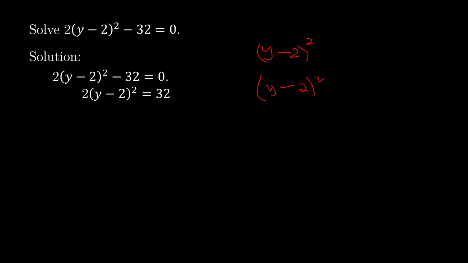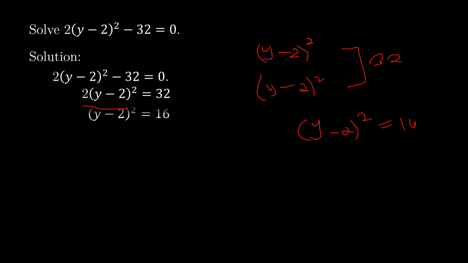There are 2 of y minus 2 squared, and the total value of these is 32. That gives us that each y minus 2 squared is 16.